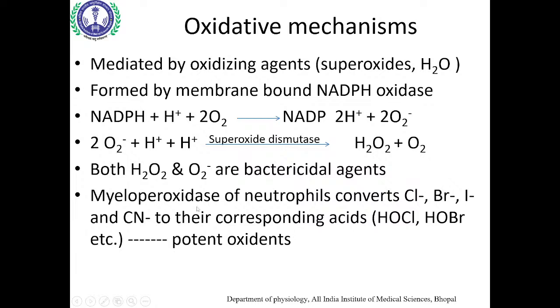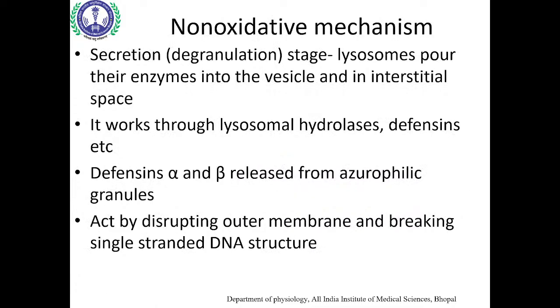And the myeloperoxidase of neutrophils converts the chloride, bromide, iodine and cyanides to their corresponding acids, which is again making the environment non-survivable for that particular organism, right? So this is the oxidative mechanism by which neutrophils are acting, and this is the non-oxidative mechanism, right?